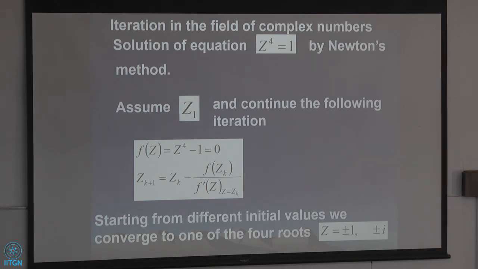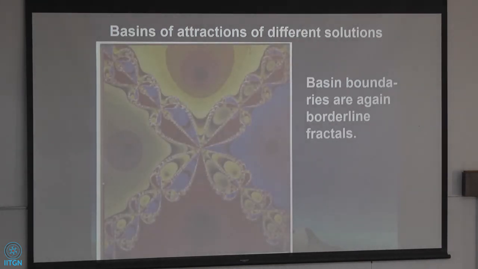But if you take the initial conditions Z1, then this is the picture we get. All these values of Z1 will give you +1. All these values of Z1 will give you -1. All these values of Z1 will give you +i, and all these values will give you -i.